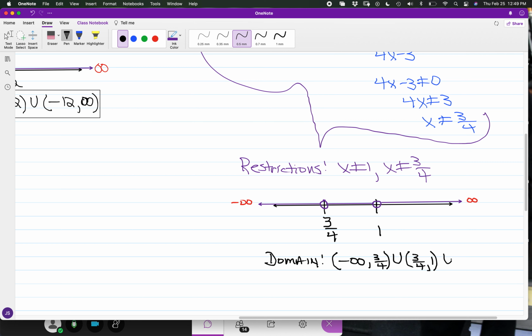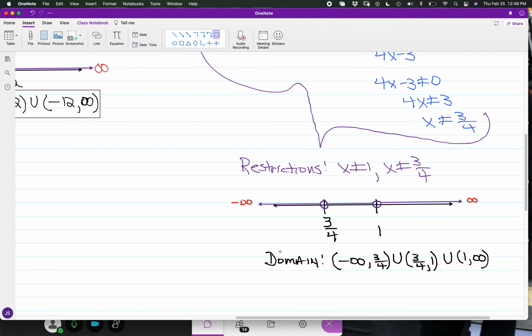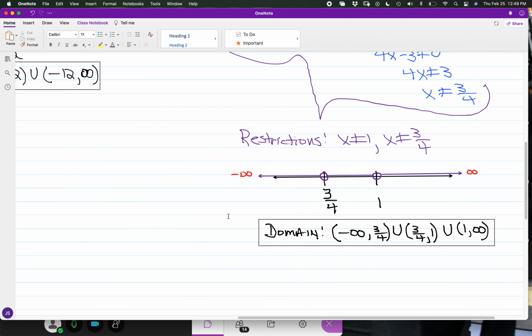And for the rest, those values of x which are greater than 1. All right, and so that will complete the first part of the test 2 review.